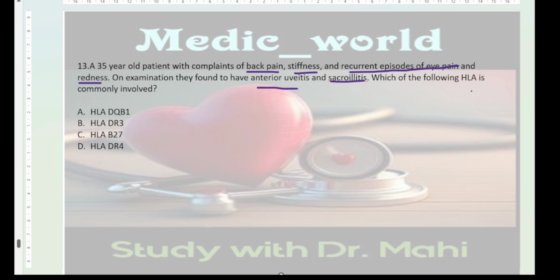Which of the following HLA is most commonly involved? According to the clinical scenario given, we can diagnose the case as ankylosing spondylitis. So, ankylosing spondylitis, HLA which is commonly involved is HLA-B27. So, the answer to this question is C, that is HLA-B27.